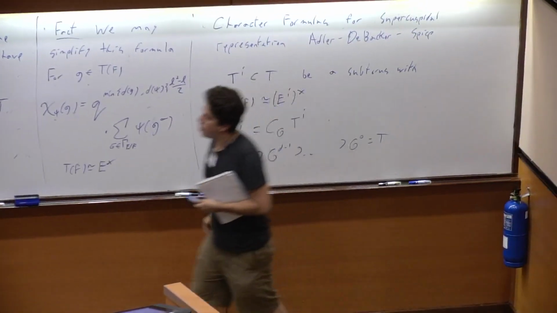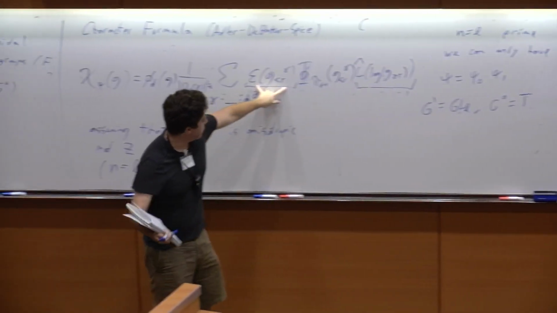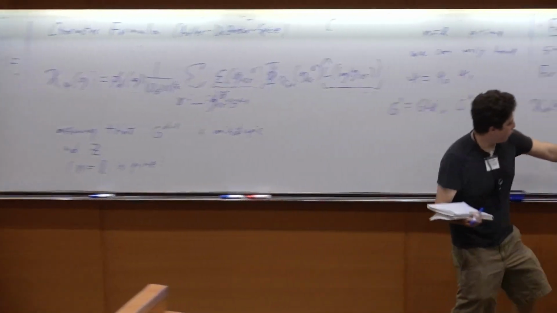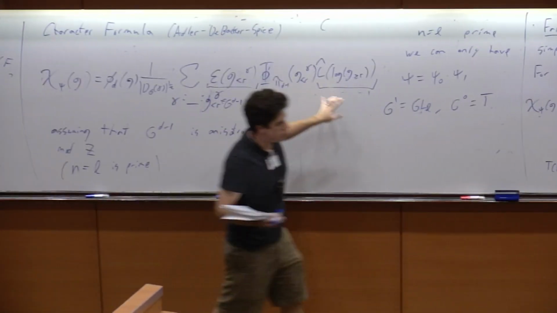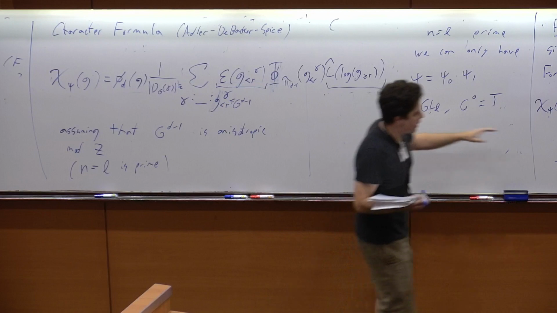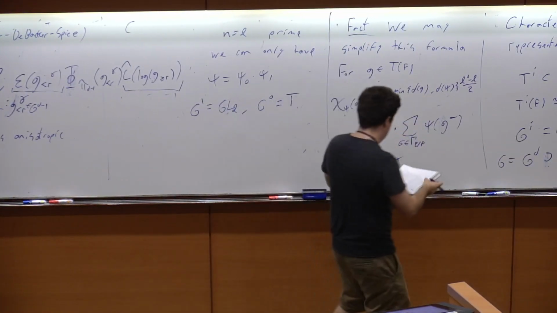So when all is said and done, this first term is contributing this sum over the characters, and this latter bit, the orbital integral bit, in this fairly simplified case just works out to this power of q. Okay.